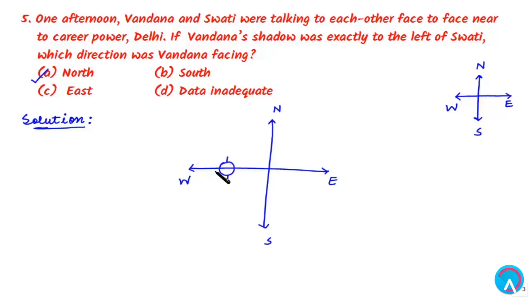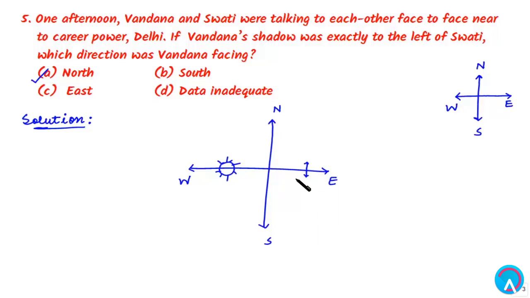So this is our sun here. So if sun is towards west, then the shadow will be towards east. And it is given in the question that Vandana's shadow was exactly to the left of Swati. So if the sun is in this direction, the shadow will be in this direction. This will be the shadow.